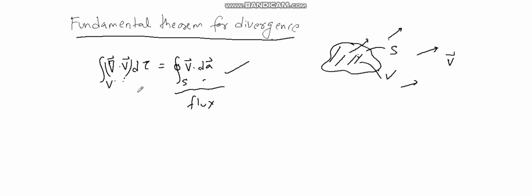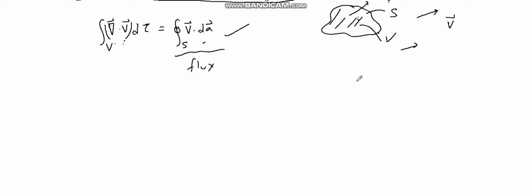So what does it represent? If we have a flux coming out of a surface S, that means that inside that surface, which has a volume V, there must be something which has the capacity to produce the diverging vector field V, the same vector field whose flux is coming out of that surface.